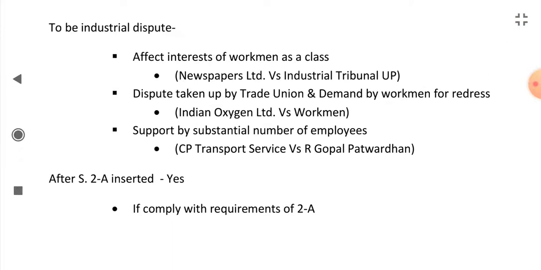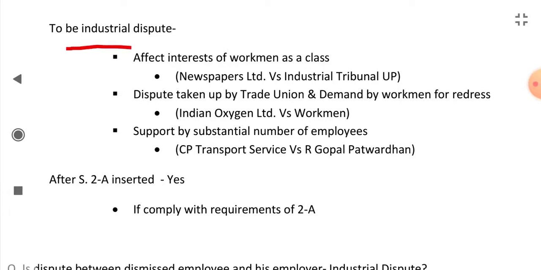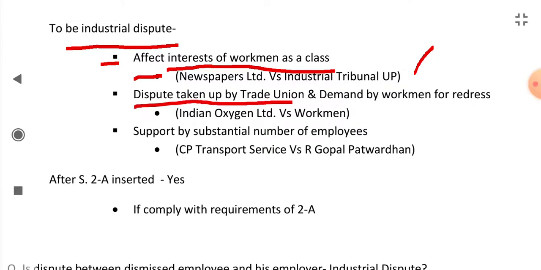For an individual dispute to be an industrial dispute, either it should affect the interests of workmen as a class, as was said in Newspapers Limited versus Industrial Tribunal, Uttar Pradesh, or the individual dispute should be taken up by the trade union and the demand made by workmen for its redress, as was said in Indian Oxygen Limited versus workmen.